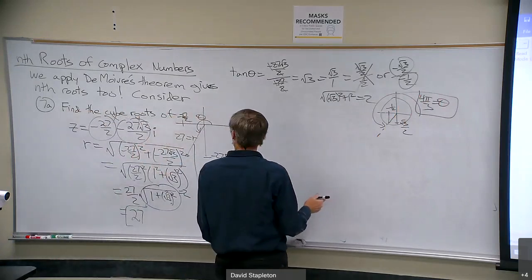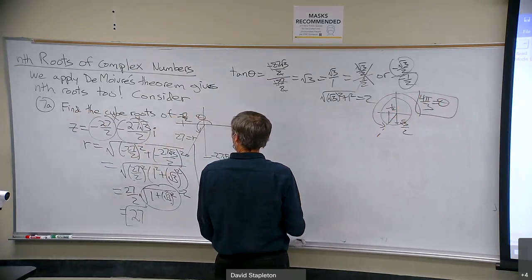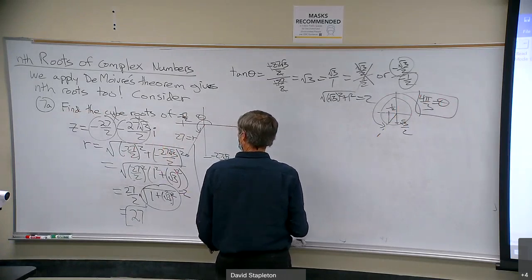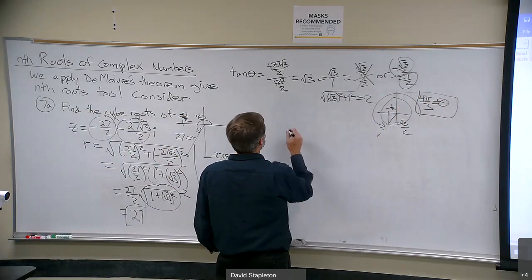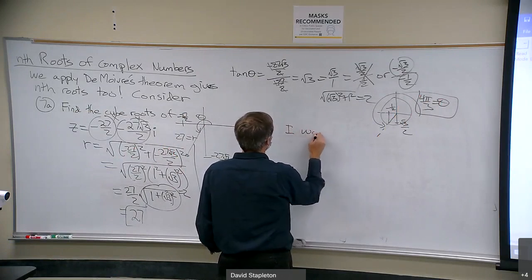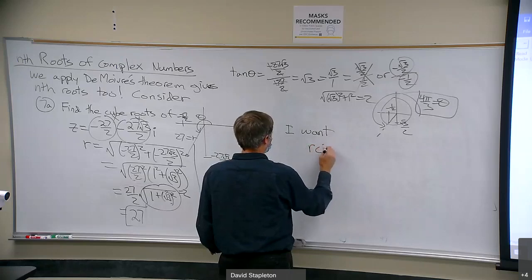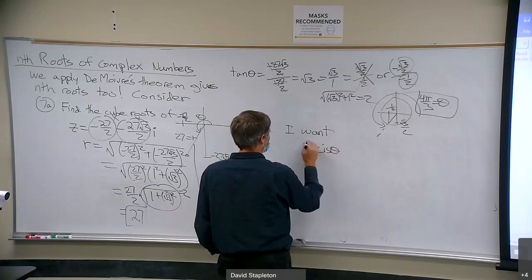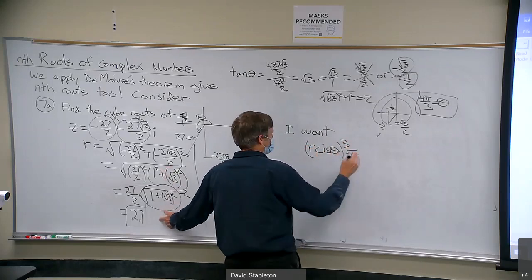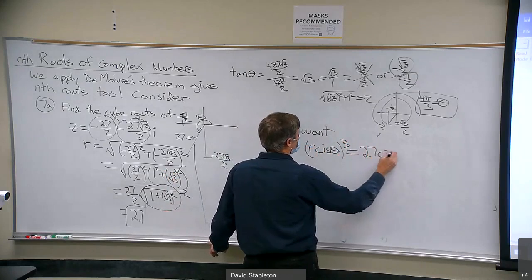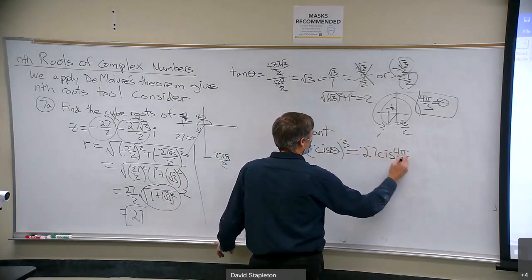And so I compute the numbers such that r cosine plus i sine theta, cubed, is equal to this number here, 27 cis 4 pi over 3.